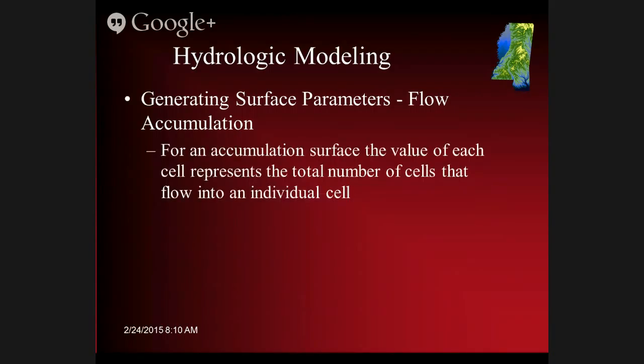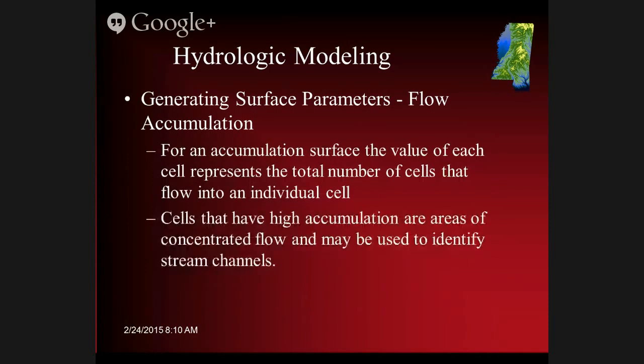After you do this, cells that have high accumulation are areas of concentrated flow, and those can be used to identify stream channels. In different areas, the threshold of what a stream channel is will be different. In some areas, the soils may be more porous.